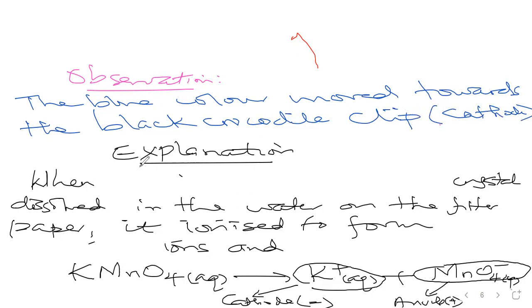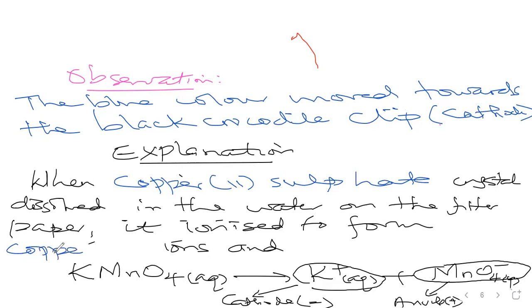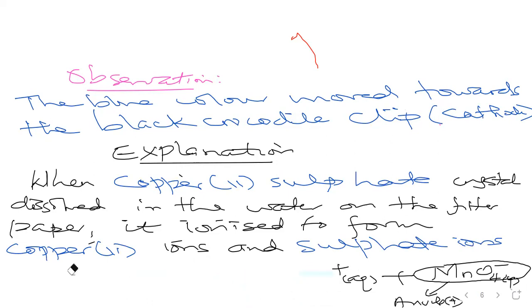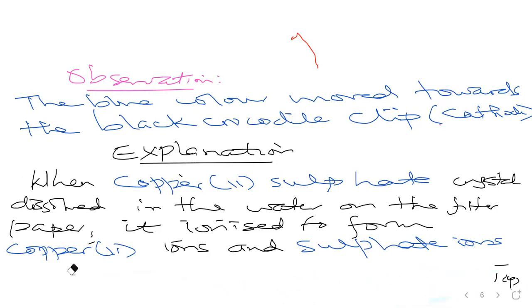Why is that so? This is because when the copper 2 sulfate crystal dissolved in the water in the filter paper, it ionized to form copper 2 ions and sulfate ions, as I'm showing in this equation. Chemistry is indeed fun.